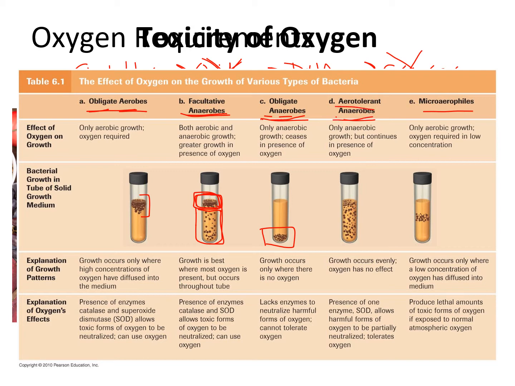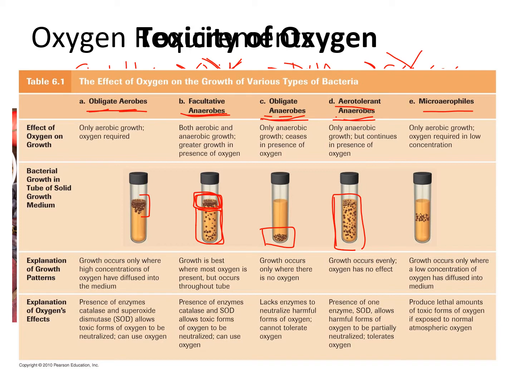Aerotolerant anaerobes, these are organisms that only use anaerobic respiration, but they do have the enzymes to detoxify the oxides. So what you will see is even growth with or without oxygen. They do have the enzymes because they're aerotolerant, so they can detoxify the oxides, but the presence of oxygen is not a benefit.